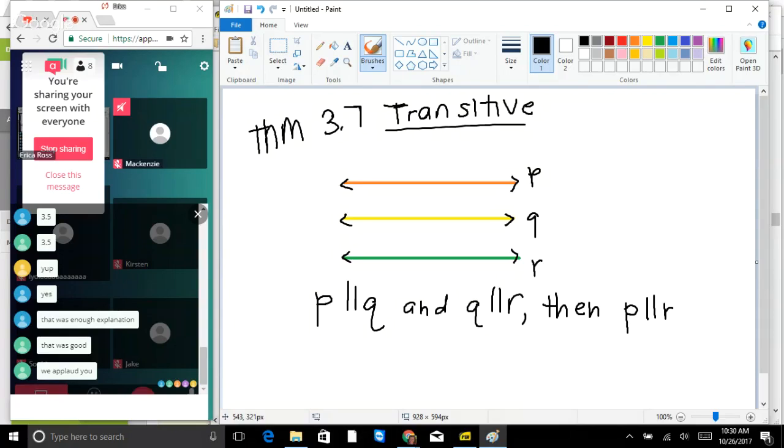So that's theorem 3.7. We don't even have any problems to do with that, so we are good.